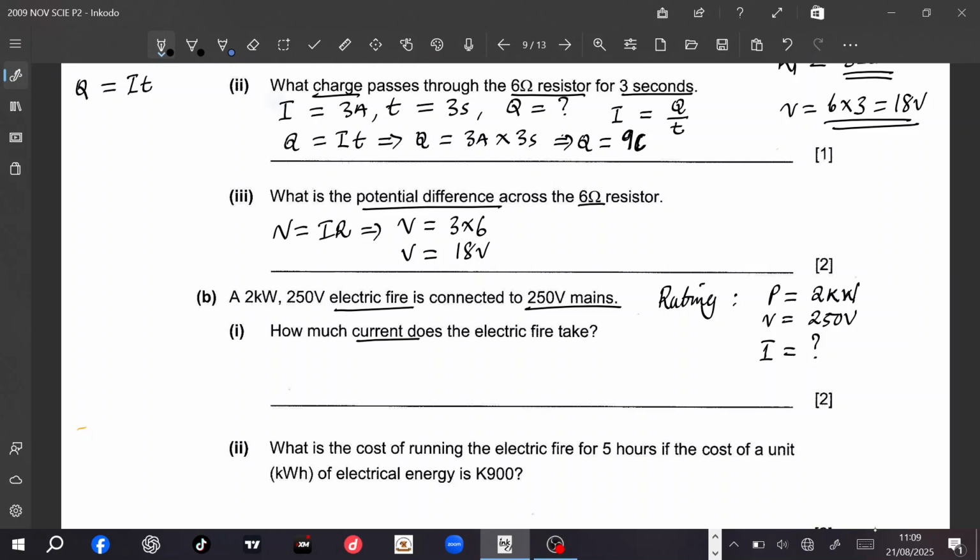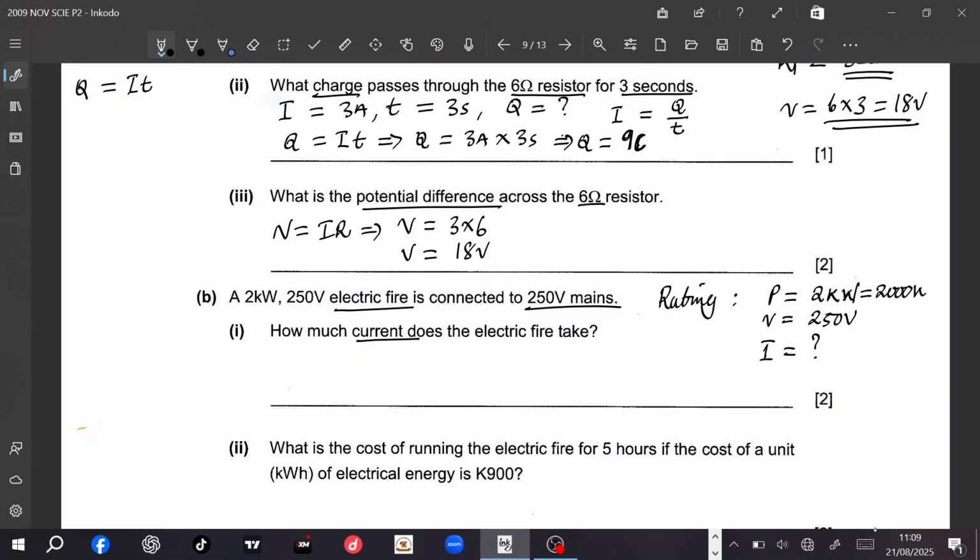When you have a 250 volt electric fire connected to a 250 volt mains, it means it is already using 250 volts. And if they tell you its power rating is 2 kilowatt, it means it is already using power of 2 kilowatt.